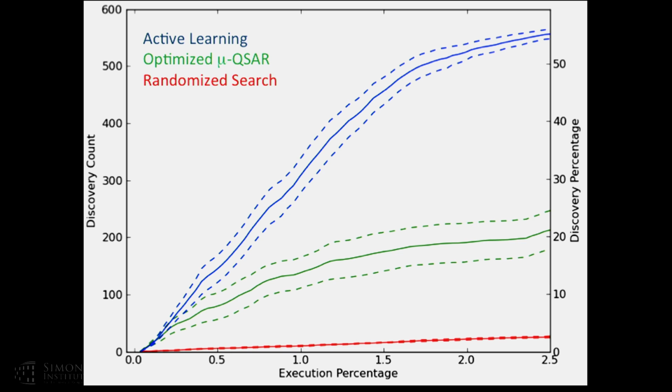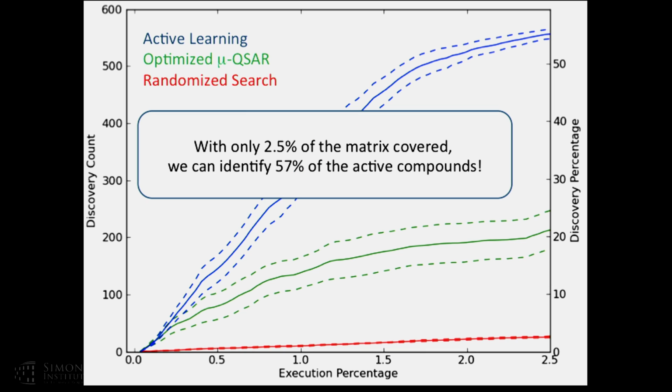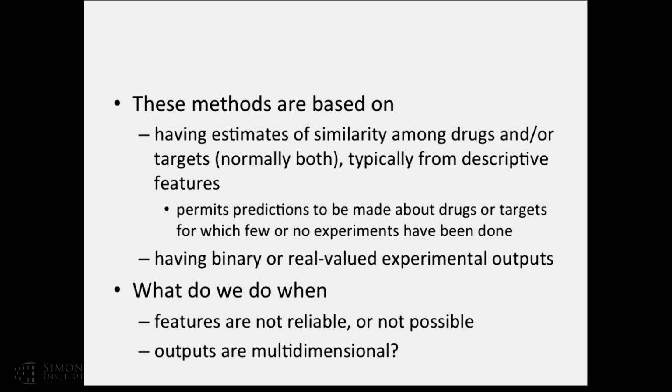This is doing active learning with just that kind of model for just the targets. This is doing it with the combined model, and what you can see here is that we're starting to get the kind of results we want: we got 57% of the hits in this sparse matrix, it's 0.001% of hits, with 2.5% of the matrix experiments being done. So that's starting to be encouraging in terms of whether or not this is going to pan out.